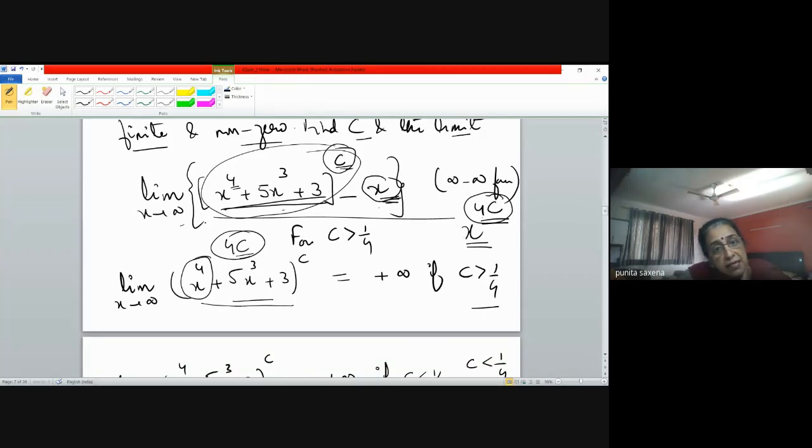And your limit is as x approaches infinity. See, if you have x in the numerators, ये x तो कहीं ना कहीं cancel होगा, because how do you use the binomial expansions? कहीं ना कहीं terms आएंगी ना, x की reducing powers में आएंगी ना powers. तो ये x तो कहीं ना कहीं कैंसिल ही हो जाएगा. इसीलिए ये लिमिट प्लस इंफिनिटी ही रहेगी. बाइनोमियल एक्सपेंशन तो याद है ना. इसीलिए ये लिमिट हमेशा प्लस इंफिनिटी ही रहेगी when c is more than 1/4.